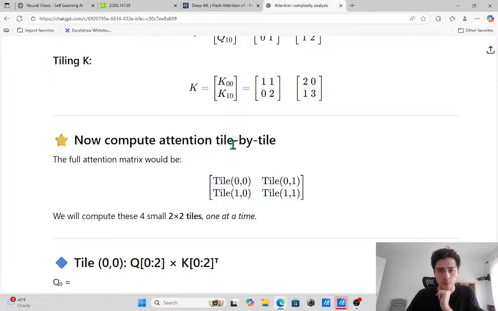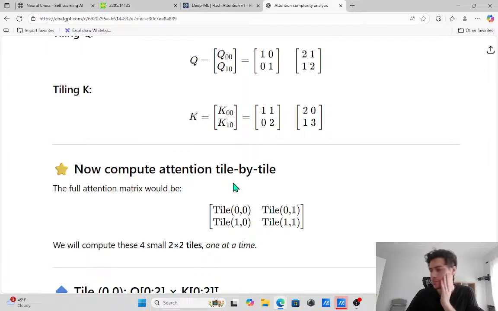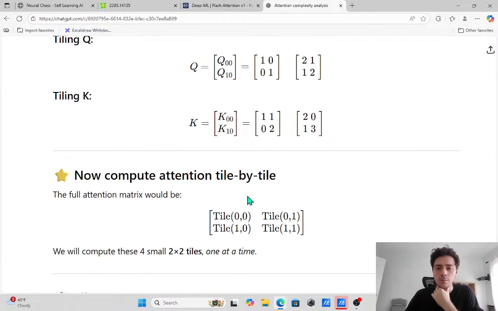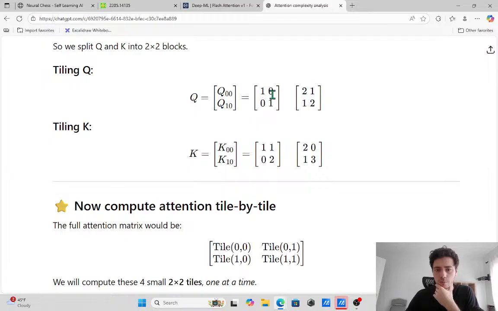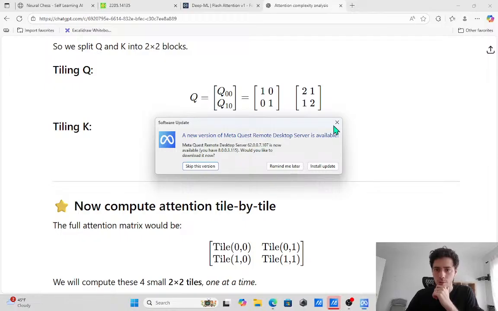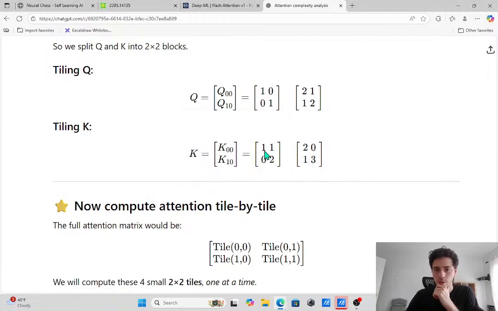Now we compute tile by tile. The full attention matrix would be tile 0, 0, tile 0, 1, 1, 0, 1, 1, fine. I guess 0, 0 is this one and this one. 0, 1 is this, 1, 0 is that.